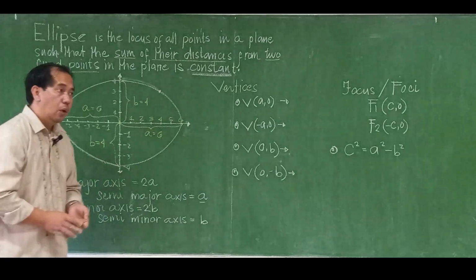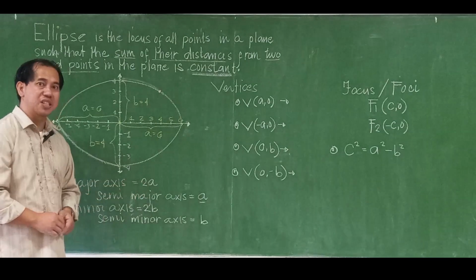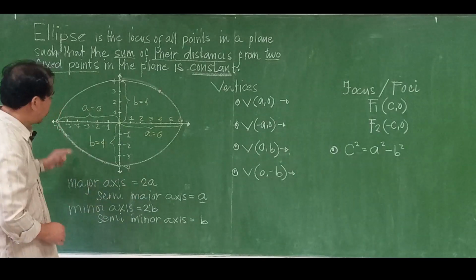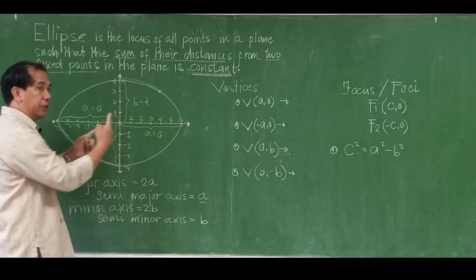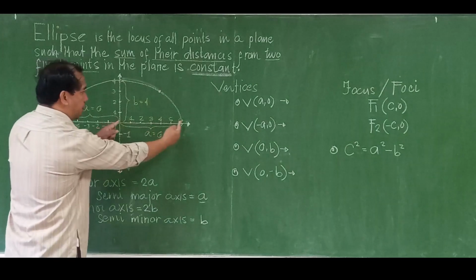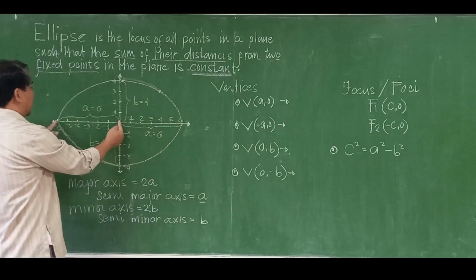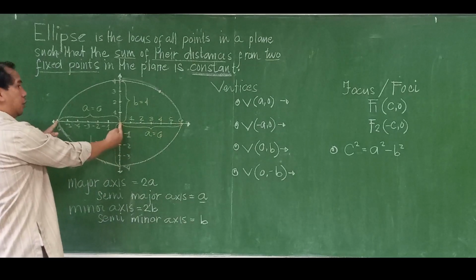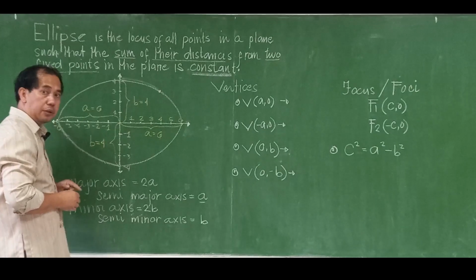Now having this labeling, we can assign the value of a. But before that, when we say major axis, the major axis is defined by the value of a. Last time I told you that the distance from the center of the ellipse going to this vertex is called a. The distance from the center going to the left side, under the x-axis, is another a.